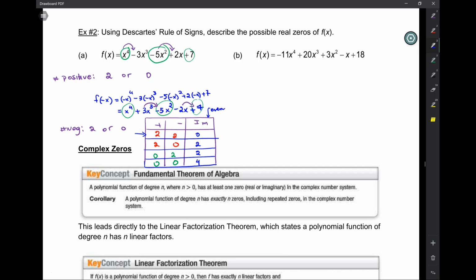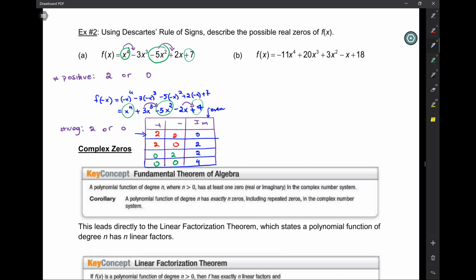What it means is this function has 4 zeros. Okay? And this tells you the possibilities. So, this Descartes' rule is telling you that you can have 2 positive or 2 negative solutions for this.